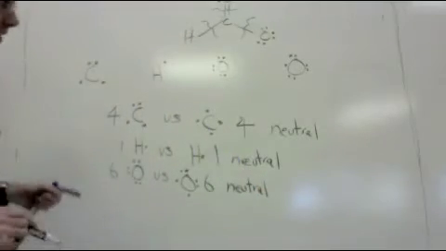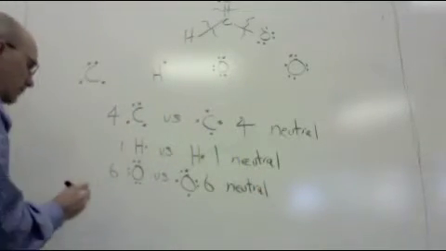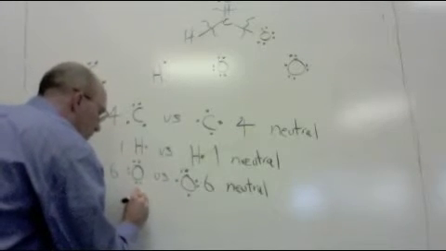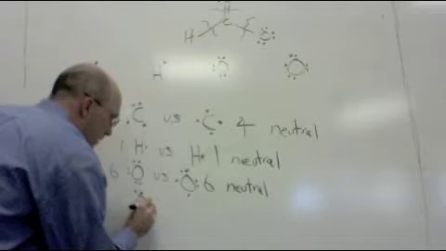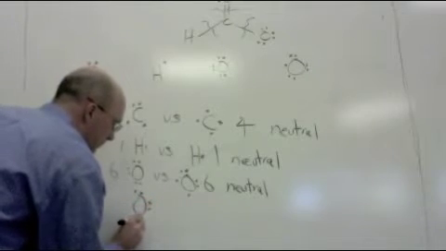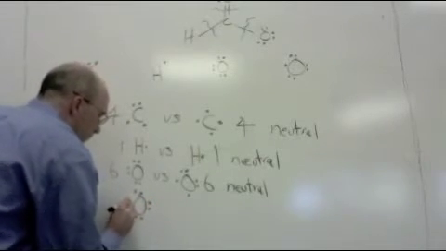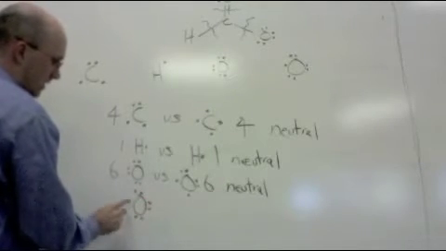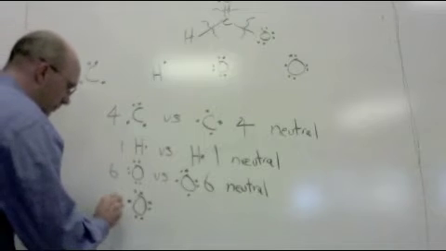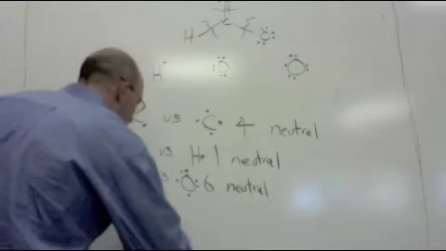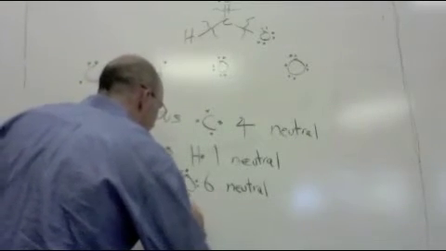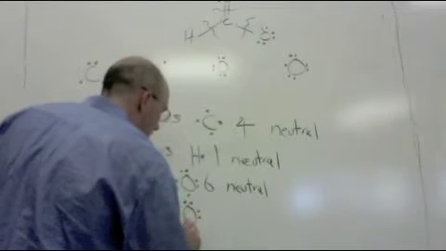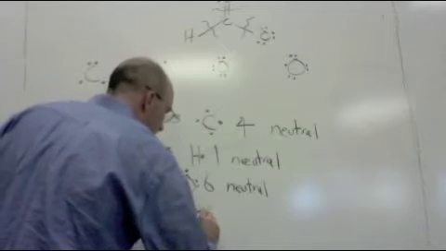All right, and now's the important one. That fragment here looks like this. Okay. That fragment here has 1, 2, 3, 4, 5, 6, 7 dots around it. Okay, you're going to compare that to what a neutral oxygen has, which is 6.